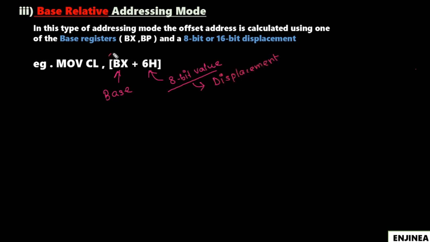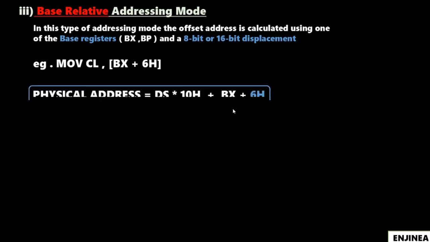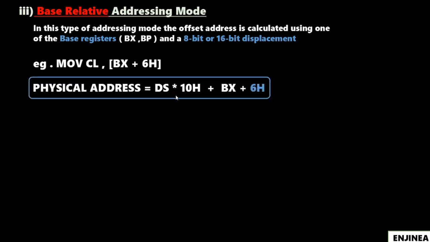Thus we can see our total offset address is calculated by combining the base register and an 8-bit value which is called the displacement. Instead of this 8-bit value, we can have any 16-bit value as well. And we know this base register BX points to the data segment. So the physical address will be given by data segment address into 10H plus BX plus this displacement, which is 6H.